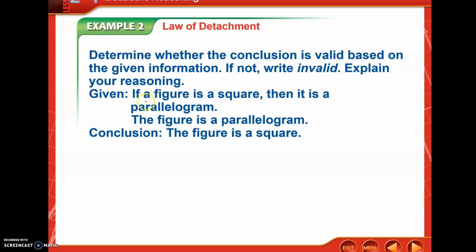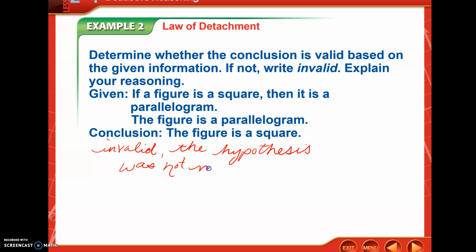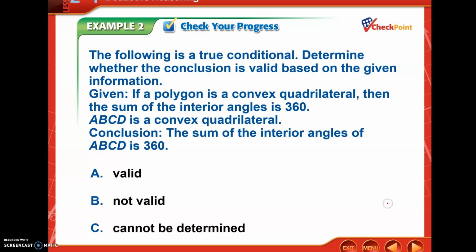I didn't say anything about what is the condition if it's a parallelogram, so this is an invalid conclusion because the hypothesis was not met or true. For law of detachment, I need to start with this condition happening. Then I can conclude that it's this. So that didn't happen, so that's invalid here.